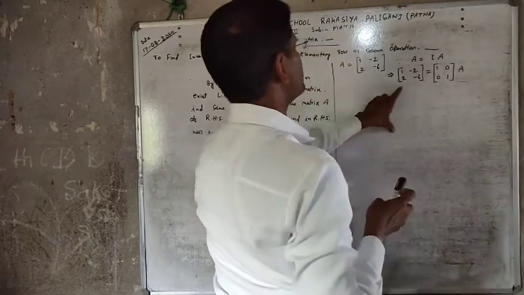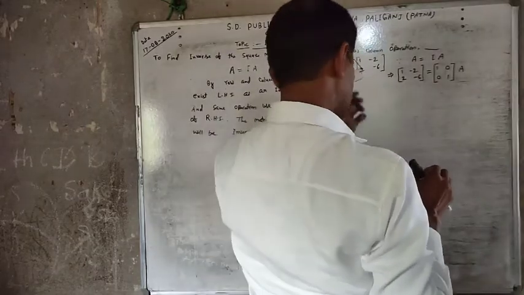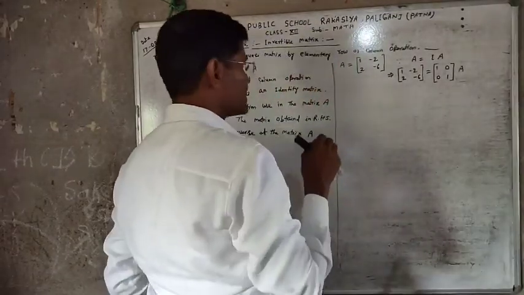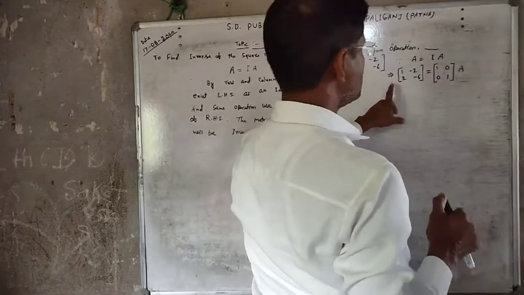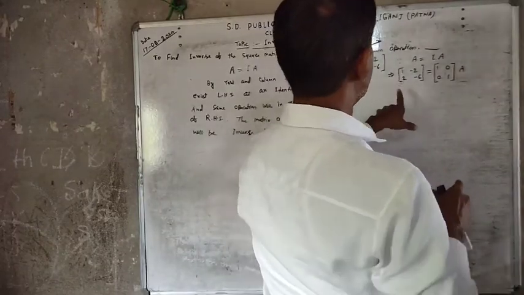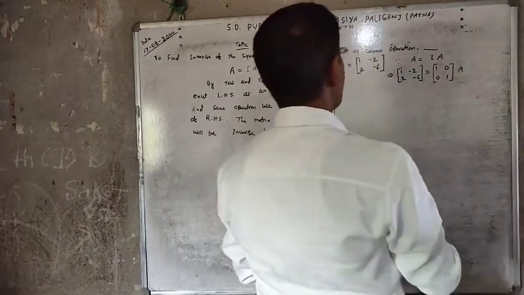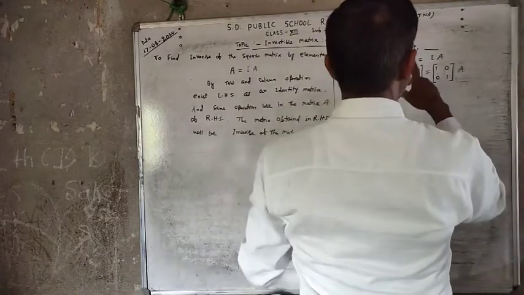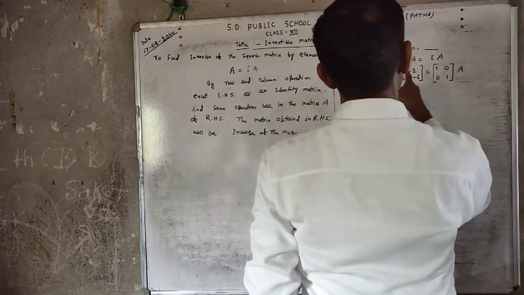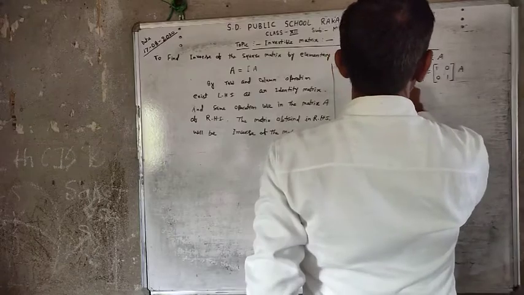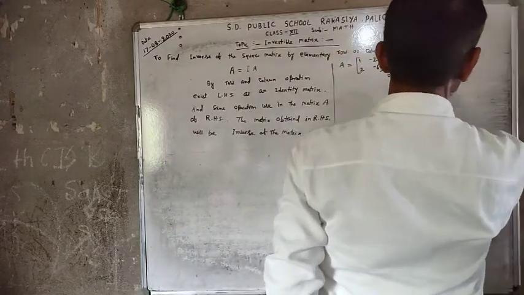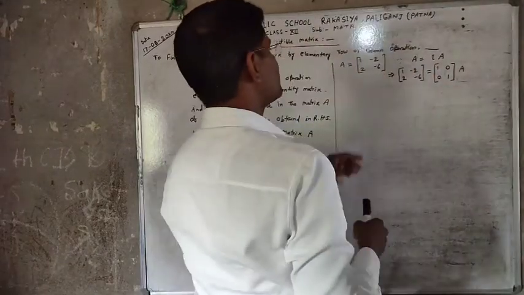According to the row operation, we have to use a technique: we have to obtain the matrix such that the off-diagonal elements are 0 and the diagonal elements are 1.